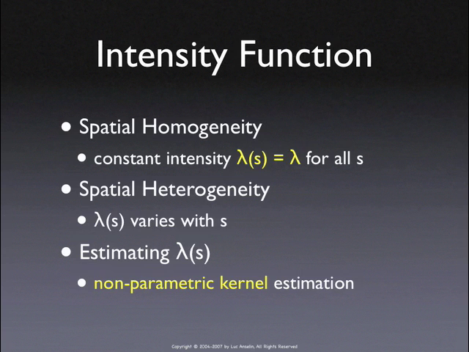The bottom line here is that we're allowing what we call spatial heterogeneity. Lambda S varies with location, rather than being the same lambda, the same intensity, no matter where we are. Once we allow lambda S to vary with location, we have to figure out how it varies with location. In the first instance, we want to describe this variation with location.